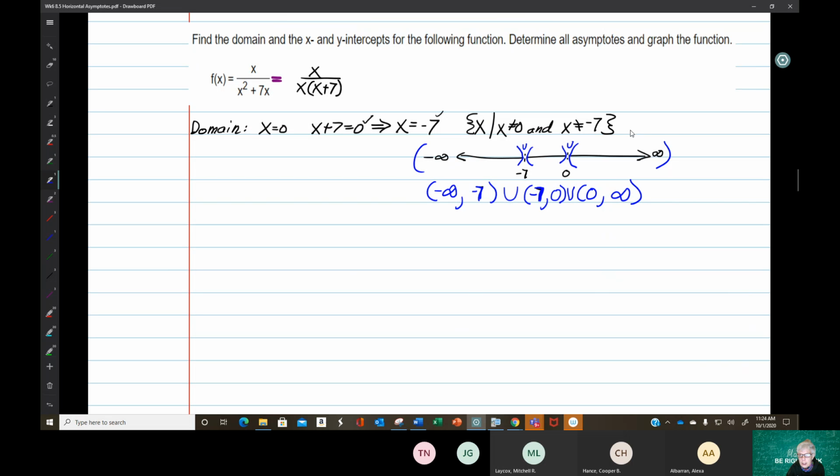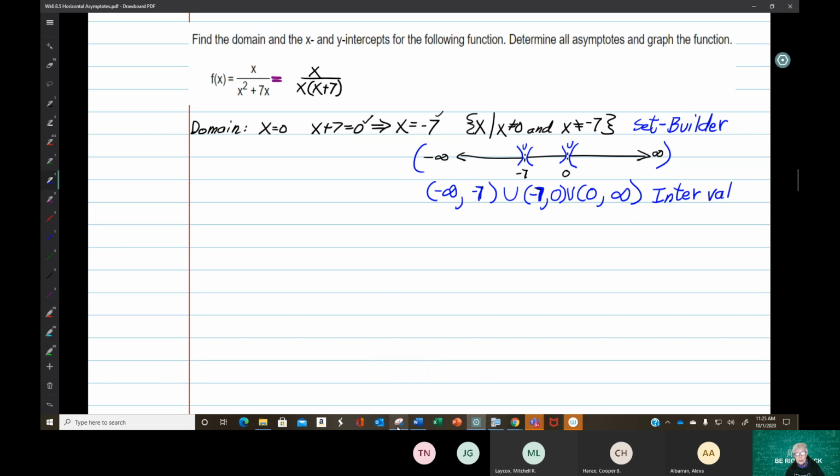This is set builder notation. And this is interval notation. Now, we took care of the domain.